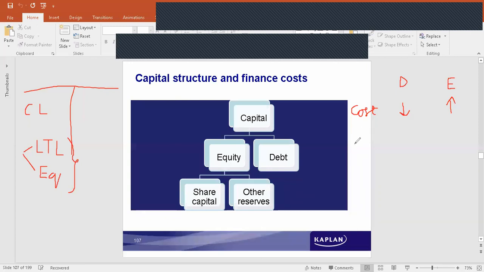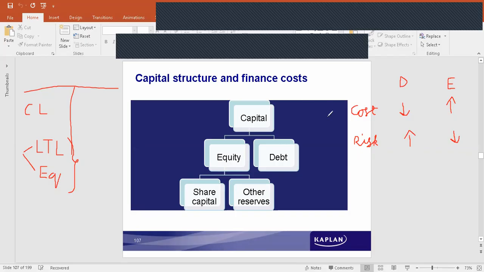There's another attribute, which is risk. Risk in case of debt capital is high, and in equity capital, risk is low. So we see there is one advantage and one disadvantage. Ideally speaking, the capital structure of a company should be in equal proportion, 1:1.